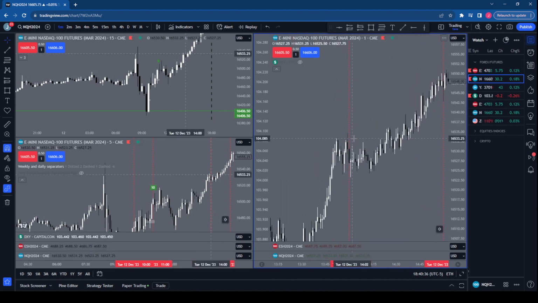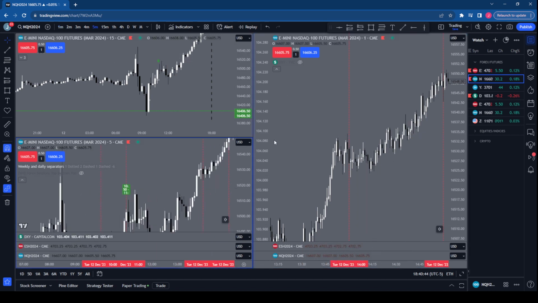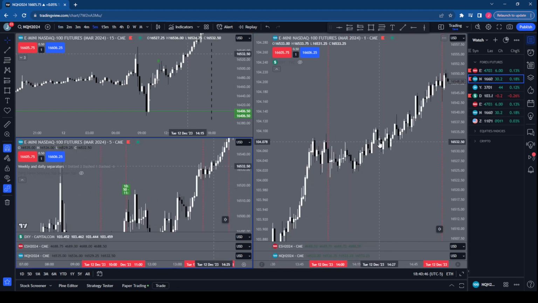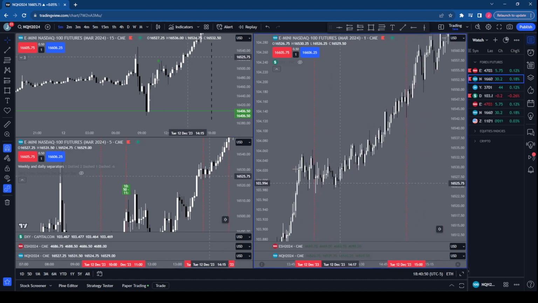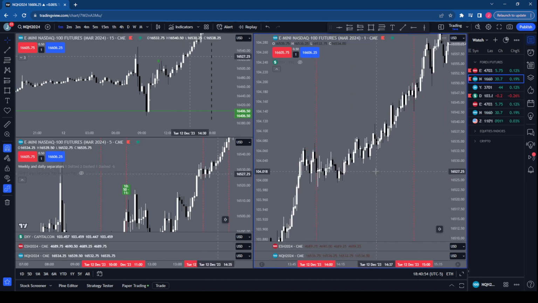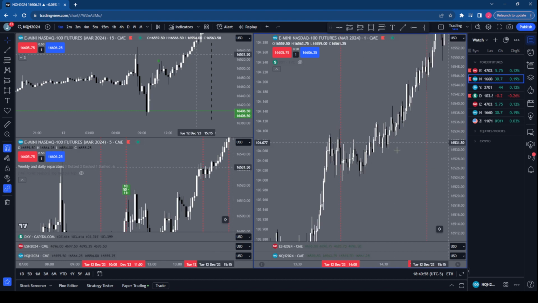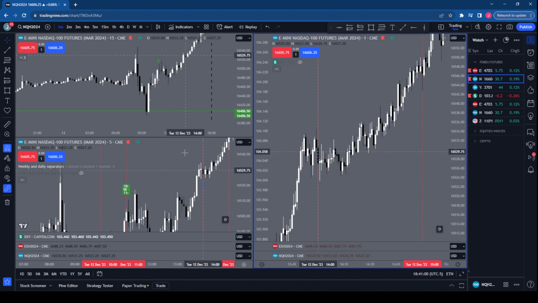PM session. Also very similar. Don't have that fair value gap entry that we spoke of really on NASDAQ, but again, this is hindsight, and it's best to say it's a good thing that we didn't enter any trade here.